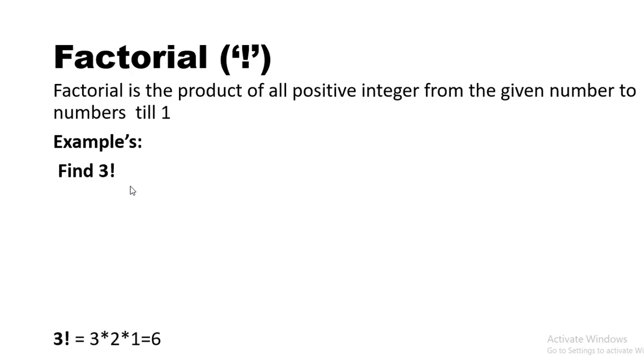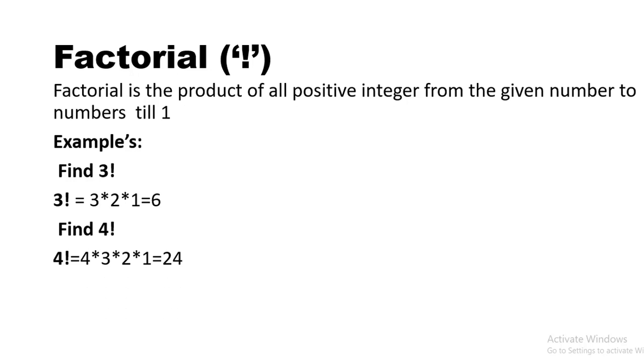Starting from 3 and ending at 1, all the numbers in between will be multiplied, as it says, it's the product. So 3 factorial means 3 multiplied by 2 multiplied by 1, that is 6. Now let's say we need to find 4 factorial.